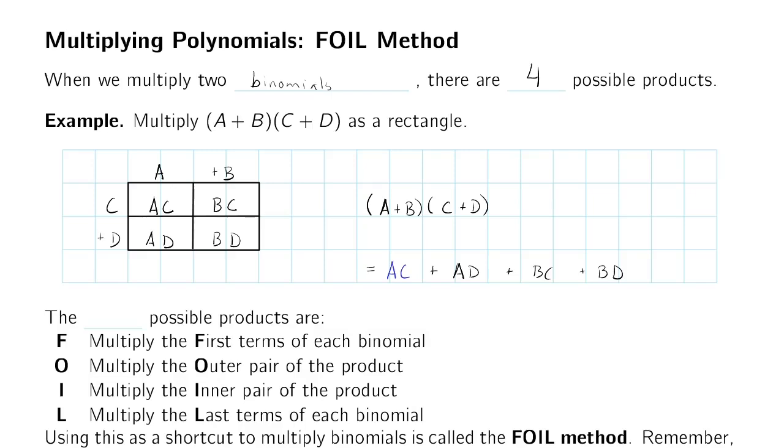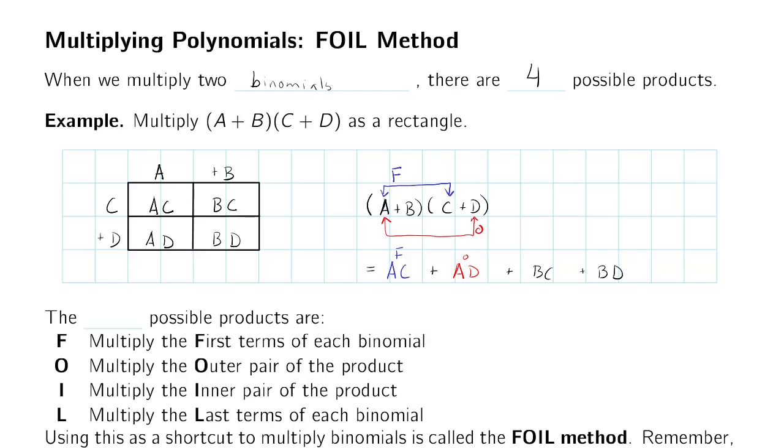So my first term was A multiplied by C. To do that, I took the first term of each binomial. Then I had A multiplied by D. To do that, I took what appears to be the outside pair of terms from this product.